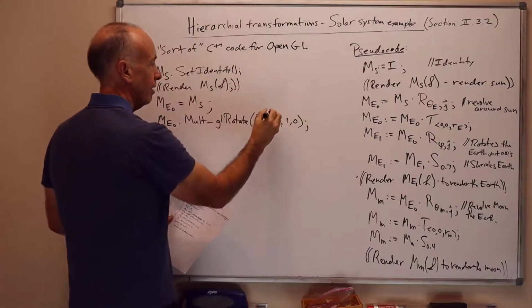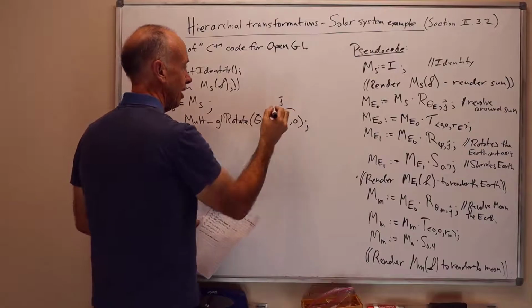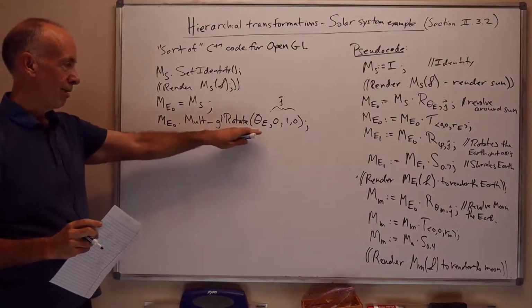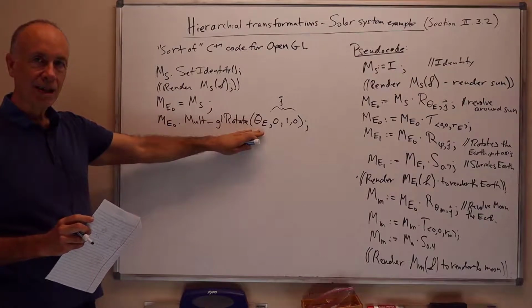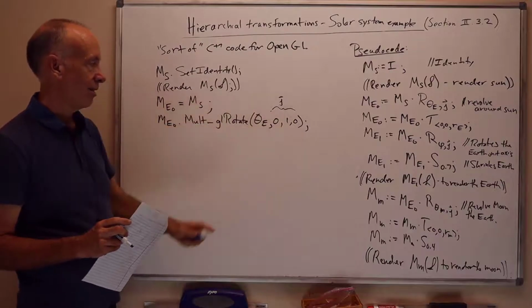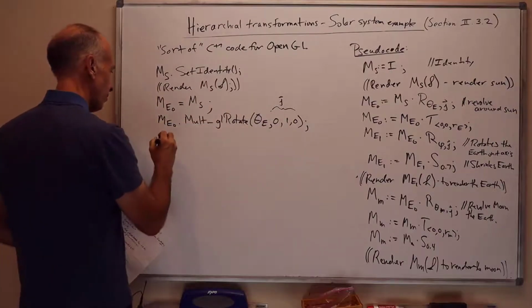So 0, 1, 0 here, this is like the vector J. The mult GL rotate says multiply by the rotation matrix, which takes a rotation of angle theta E around the axis 0, 1, 0.